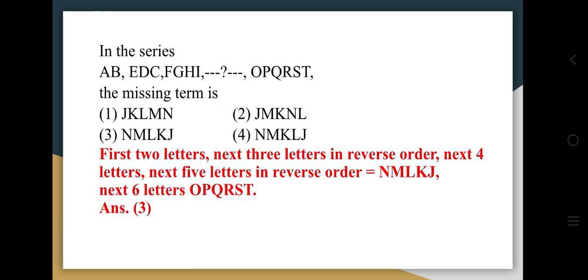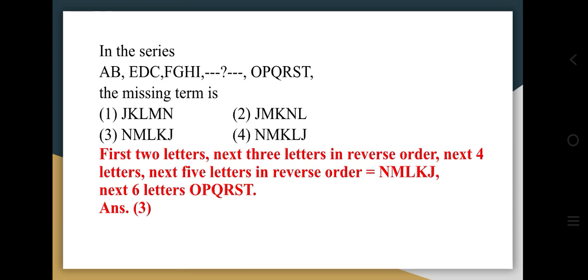So the missing term should have five letters, but it should be five letters after I, but it should be in reverse order. So then last one is J, K, L, M, N. After I, we have J, K, L, M, N. But it should be in reverse order.